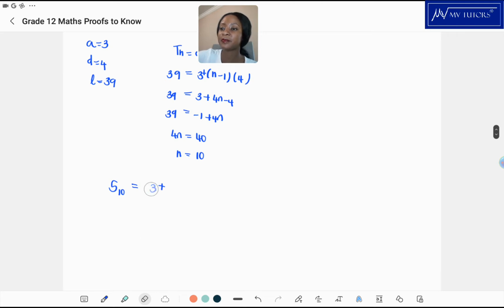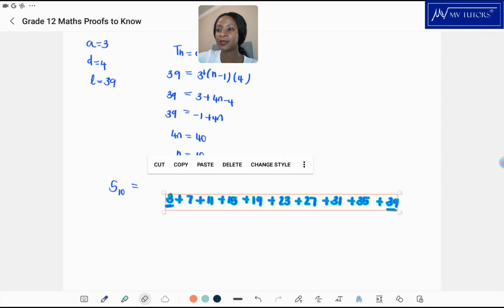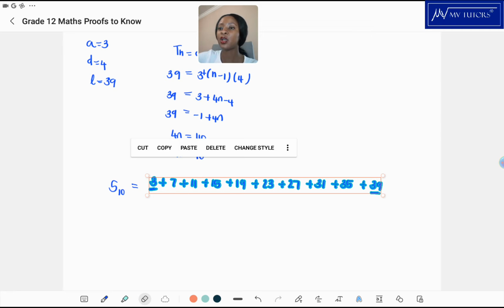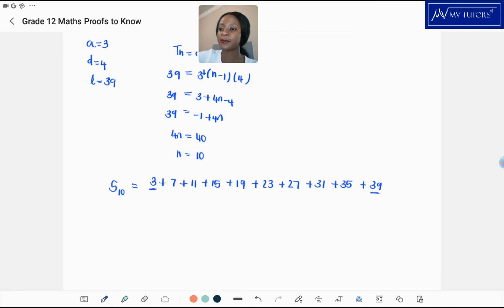Okay, so paste it over here. All right, so what we're going to do, we're going to write initially from ascending order, okay, from the first to the last term. And then we're also going to write in descending order. Okay, this I need to write out from the last term to the first term.